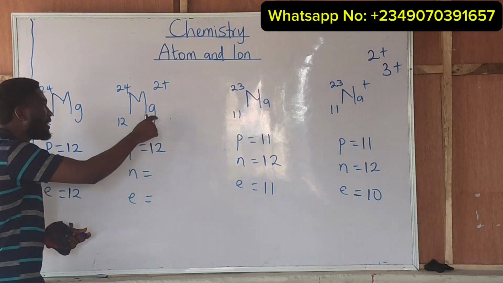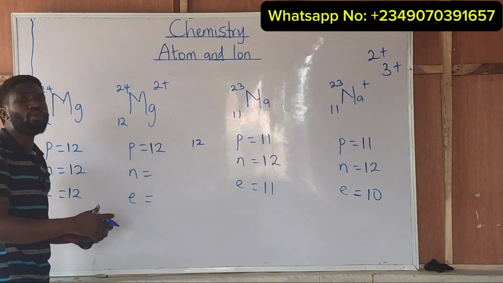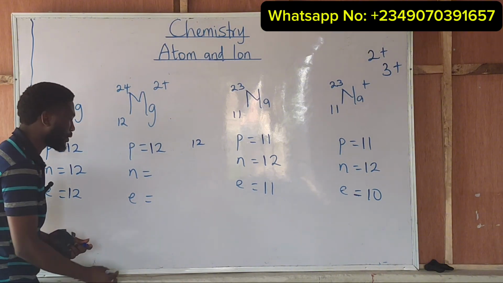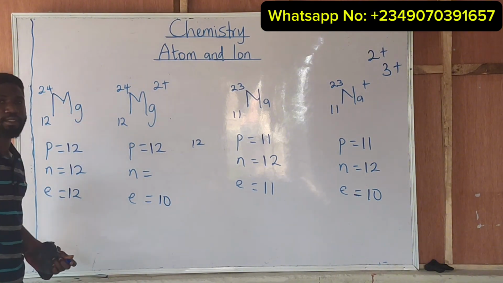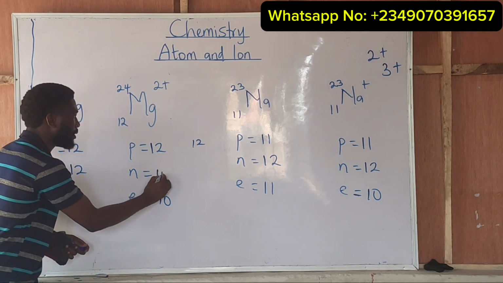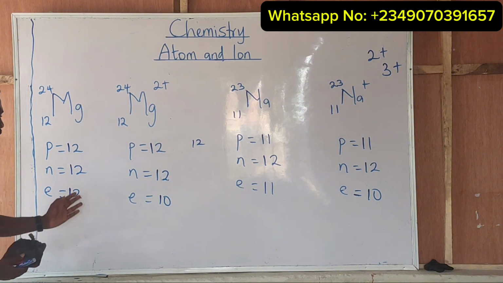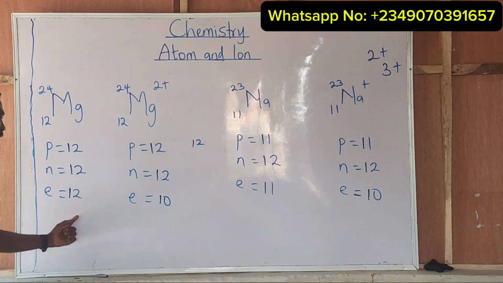So here it is expected to be 12, but 2 electrons have been lost, then we are going to have 10. Then the neutron will be 24 minus 12, and that will give us 12. So look into this. The only difference is found in the number of electrons.